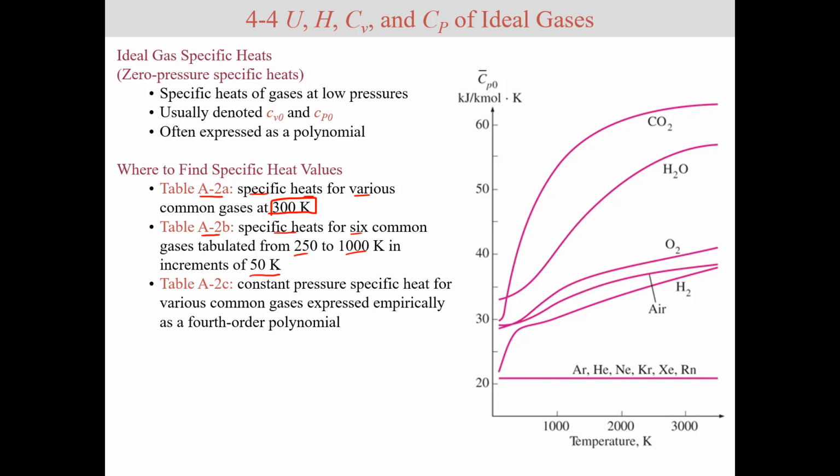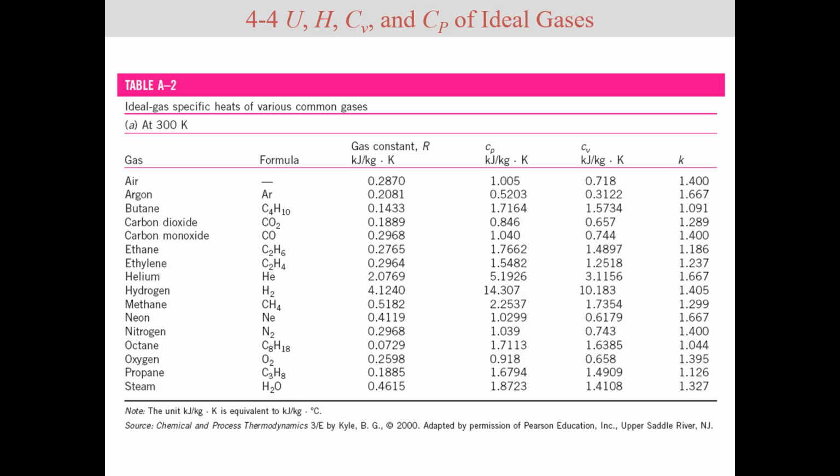Table A2C gives you the constant pressure specific heat for various common gases expressed empirically as a fourth order polynomial. Right, so you'd have to integrate that one to find the specific heat if you wanted to account for the change in the temperature.